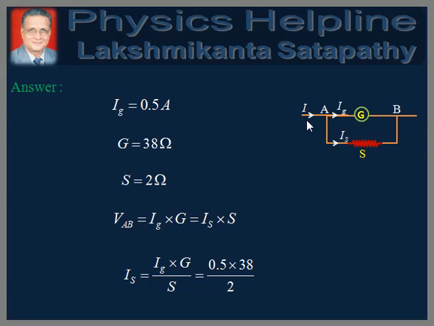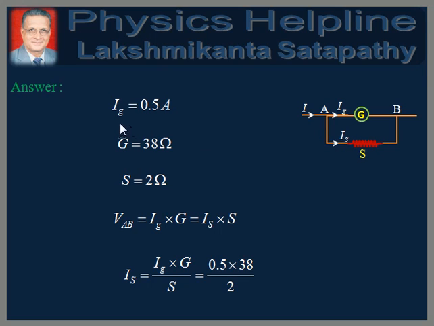The current I which enters the emitter arrangement between points A and B is divided into two parts at A. One part Ig, the galvanometer current, through the galvanometer G, and the remaining part Is through the shunt resistance S. Using Kirchhoff's junction rule, we can easily say that I is equal to Ig plus Is.